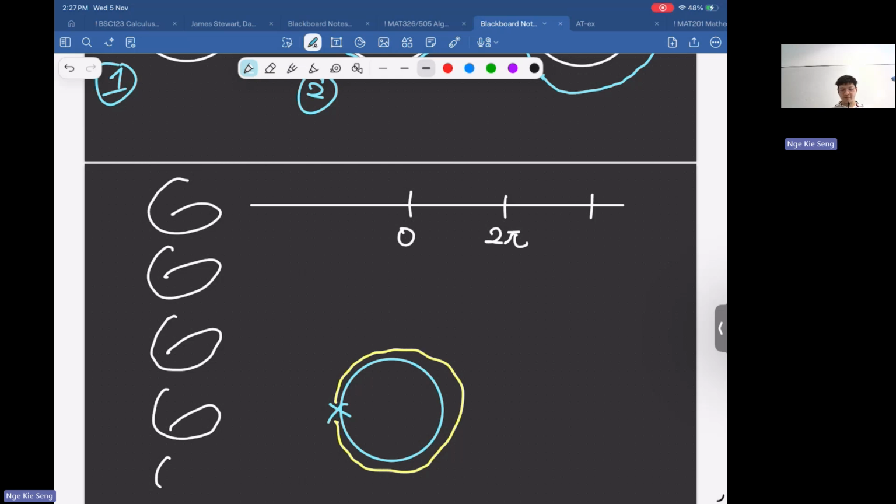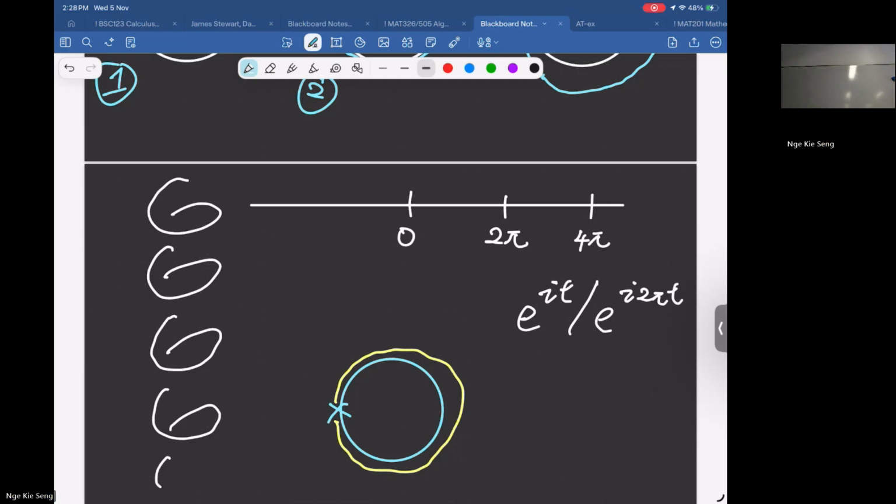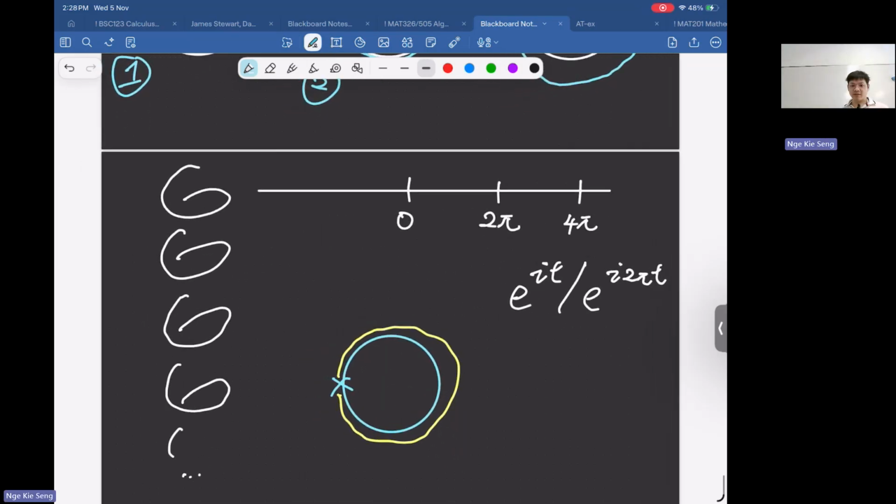Maybe you label by 0, 1, 2, 3, or you label by 0, 2 pi, 4 pi, depending whether you use e to the it or e to the 2 pi i t. Either you use 2 pi to label or you use 1 as a unit. Okay, clear?